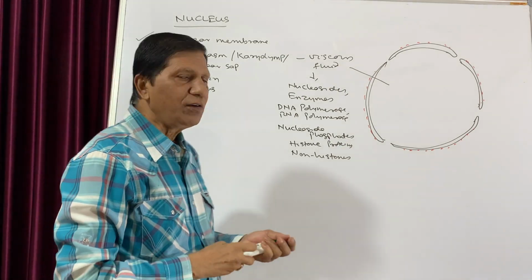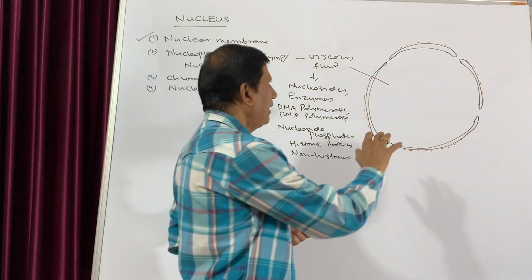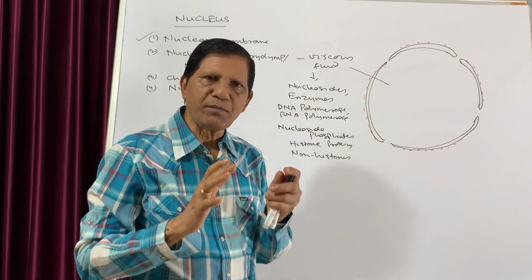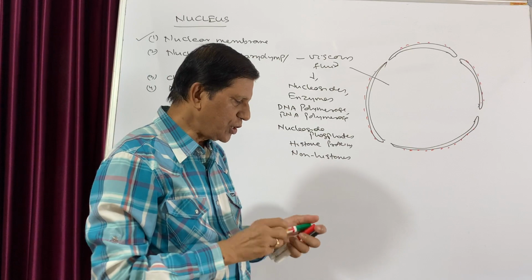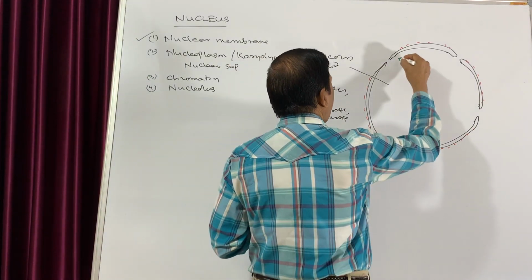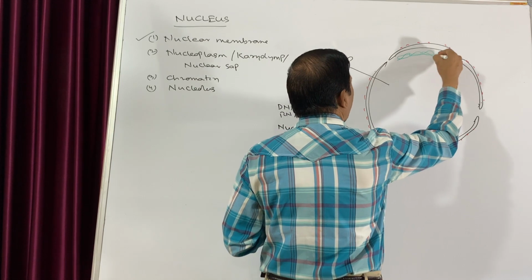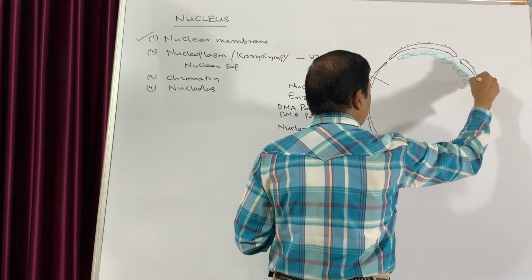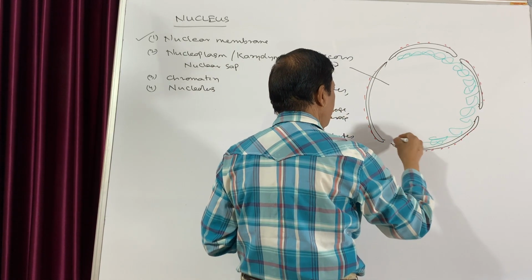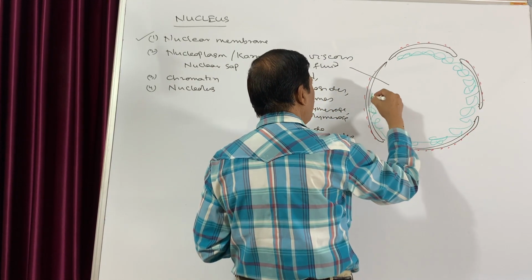In this karyosome, the outermost part is also known as the nuclear matrix. Just below the nuclear membrane there is a network of fibrous structures, like fibrils, just below the inner nuclear membrane.